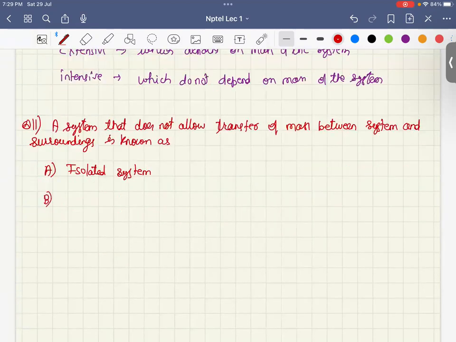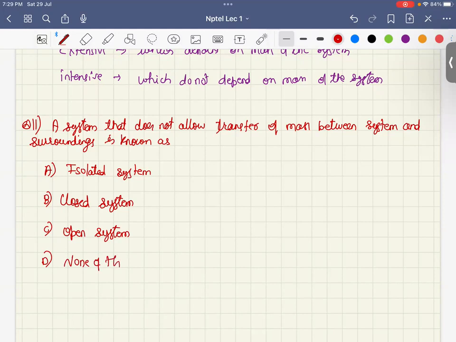Option B, closed system. Option C, open system. And option D, none of the above. I'll wait for a couple of minutes for you to solve the question.